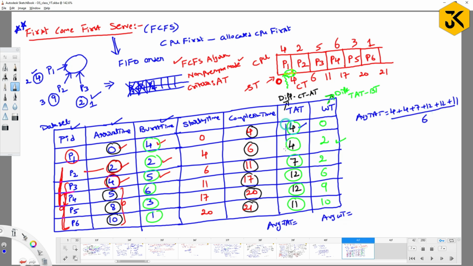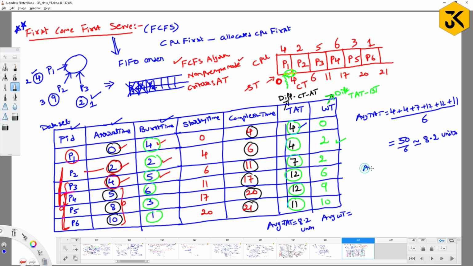That is 4 plus 4 is 8, plus 7 is 15, plus 12 is 27, plus 12 is 39, plus 11 is 50, divided by 6, around 8.3 units. We haven't specified whether it is nanoseconds or seconds, so we'll simply take it as 8.3 units.